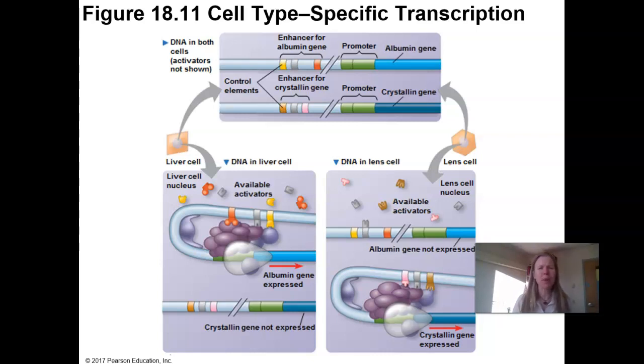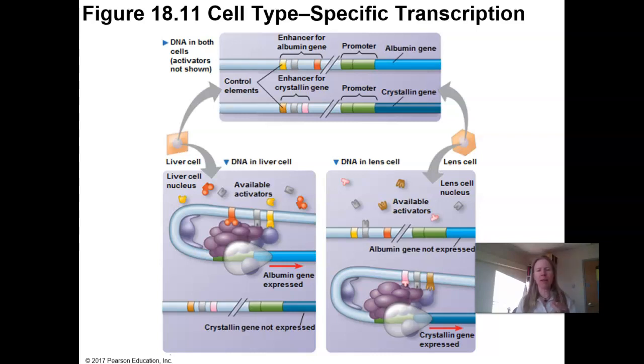And again, this is trying to show the same kind of idea here. They're showing you two different genes, the albumin gene versus this crystalline gene. And notice you have slightly different enhancer regions. So you set up a different series of factors, and that determines what cell is producing albumin, polymerase is working here, versus whether crystalline is expressed.